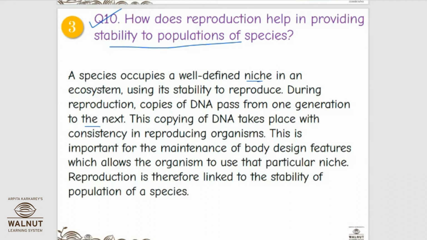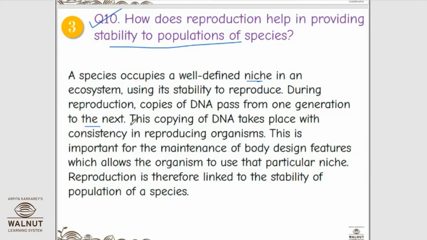Yes. So that is the DNA copying taking place, and it is passed on from generation to generation. So we can say we have genes from our forefathers, great-great-grandparents. It is passed on from generation to generation.